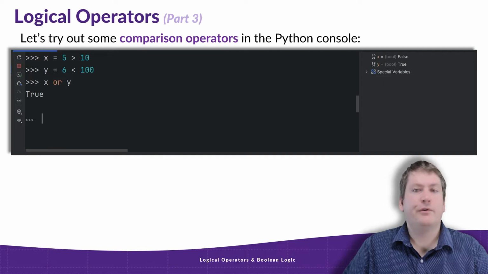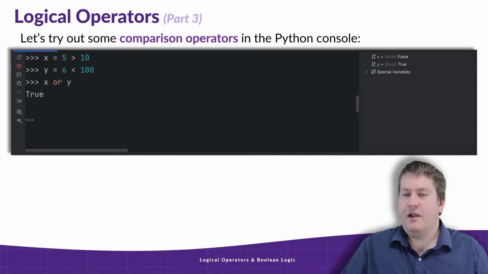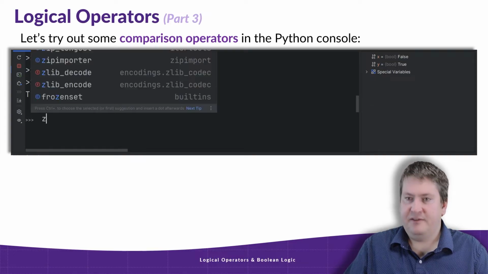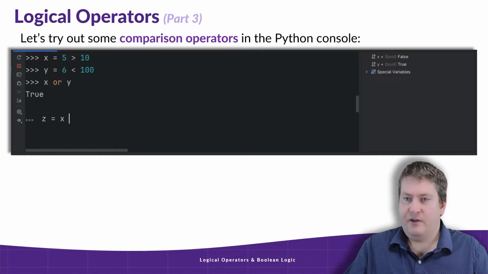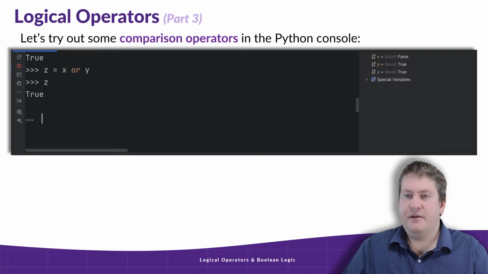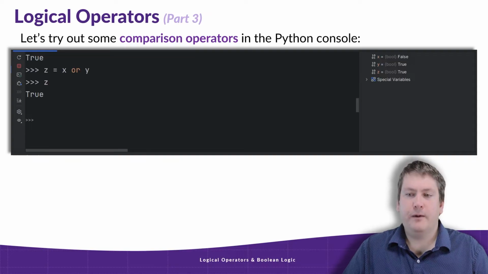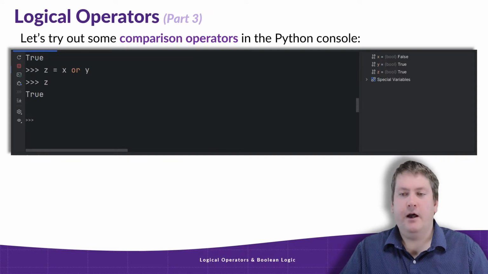And we can also store the results of these operations. For example, let's say z equals x or y. And when we print out z, we can see that it is true, just because that was the operation before. And now we can try using the not operator on this.